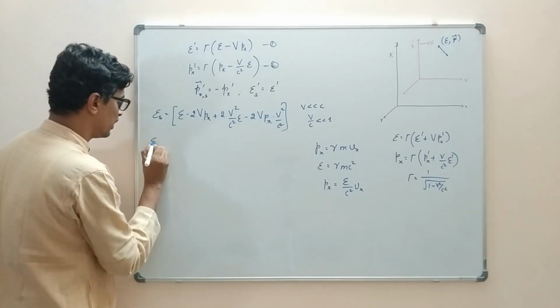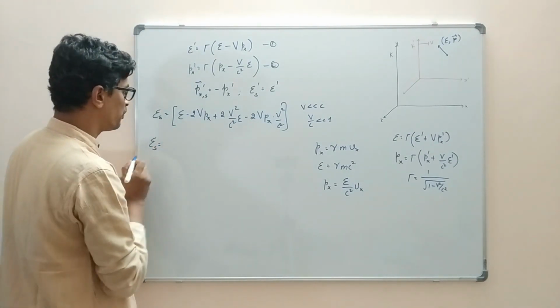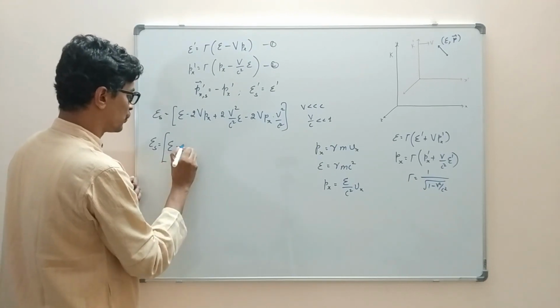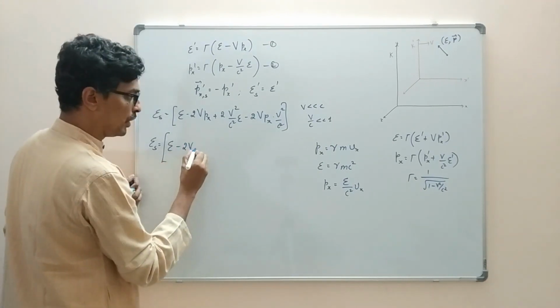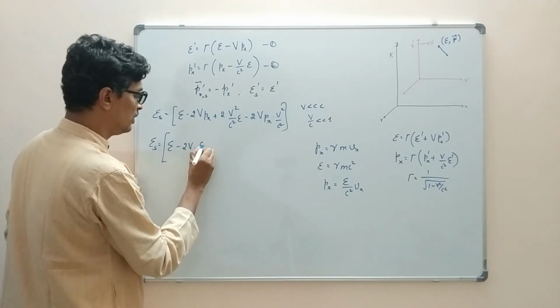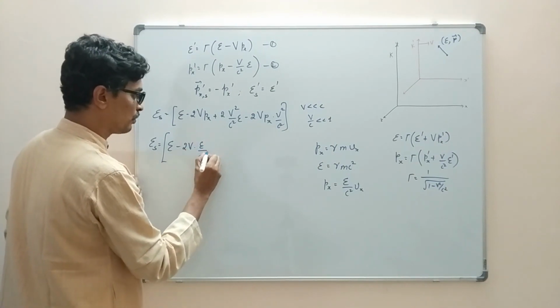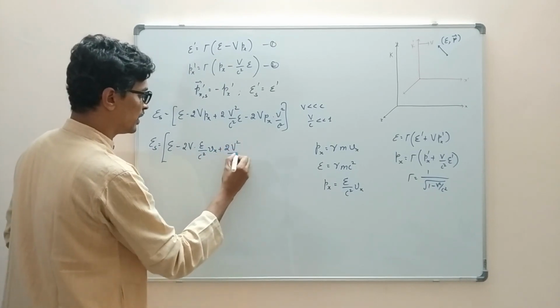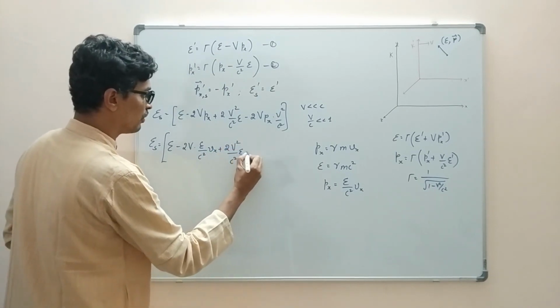So then my epsilon s is going to become epsilon minus 2 V, P of x is nothing but epsilon by C square V of x, plus 2 V square by C square epsilon.